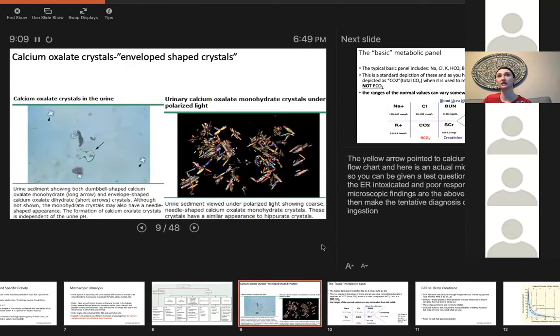So calcium oxalate are these envelope-shaped crystals. They didn't have any pictures on there, so you don't have to worry about what it actually looks like, but this is for your enjoyment. Okay, so a white blood cell that is in the urine versus a cast.